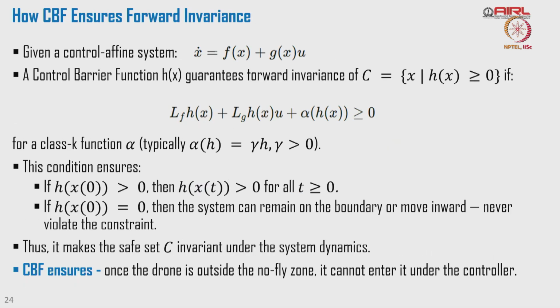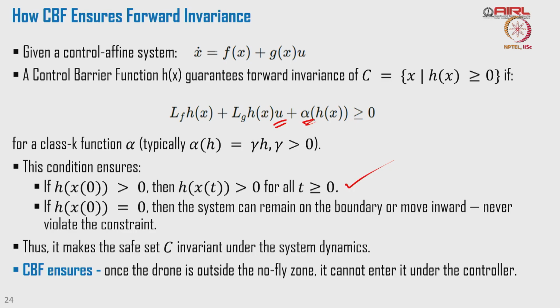Okay. How does CBF ensure forward invariance? Given a control affine system x dot equal to f(x) plus g(x)u and a control barrier function h(x) which satisfies this particular inequality with a control input u for a class K function alpha, this condition ensures that if h(x(0)) is greater than or equal to 0, then h(x(t)) is also greater than or equal to 0 for all time t greater than or equal to 0.